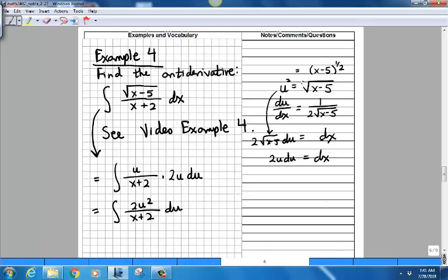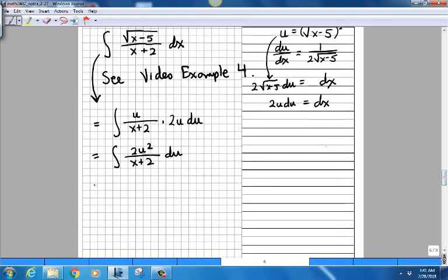Because when I square both sides, I'm going to get that u squared is equal to x minus 5. And so that means that x is u squared plus 5. So I can also eliminate the x as well. That's maybe the tricky part, or one of the tricky parts of this integral.